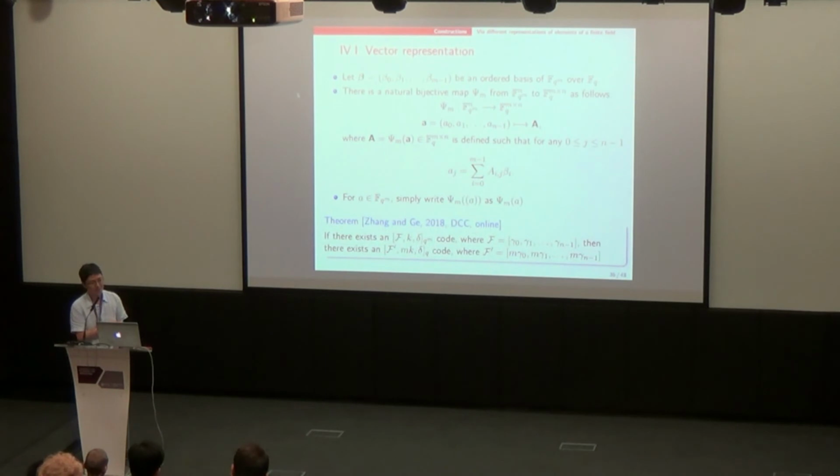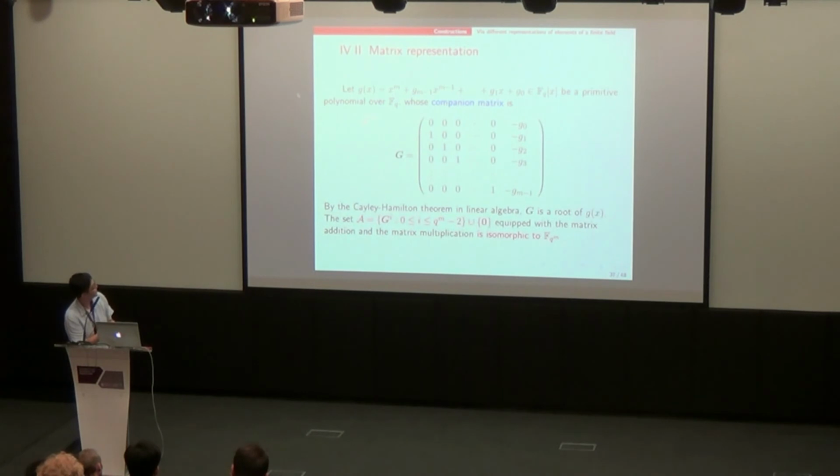Another idea is that maybe we can use another representation of elements in a finite field. Let g(x) be a primitive polynomial of F_q whose companion matrix is G. By the Cayley-Hamilton theorem in linear algebra, G is a root of g(x).